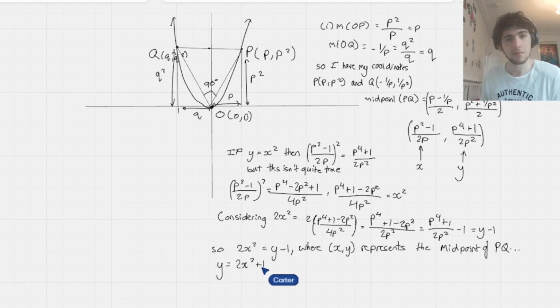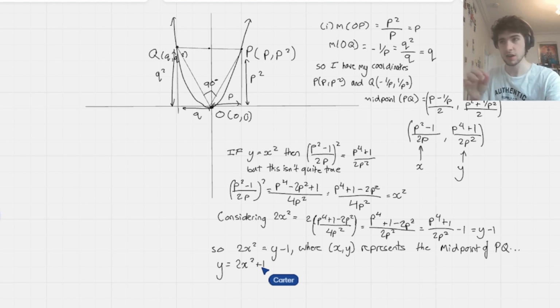What this means is that as I change my points P and Q, my midpoint will change to some other value on that curve. So every single possible midpoint, the set of all my midpoints, is described by y equals 2x squared plus 1.